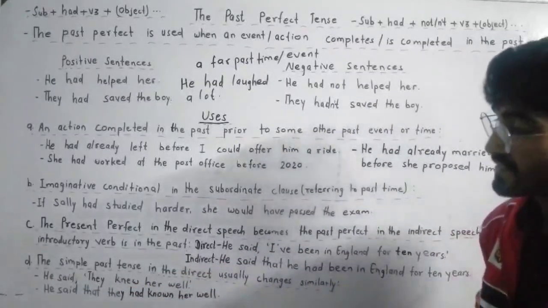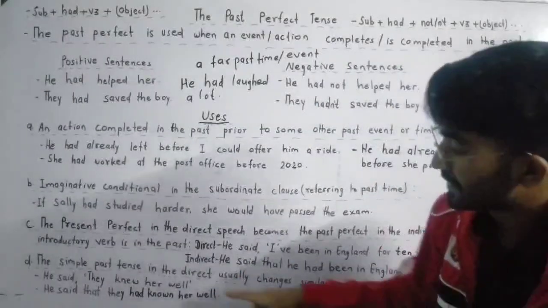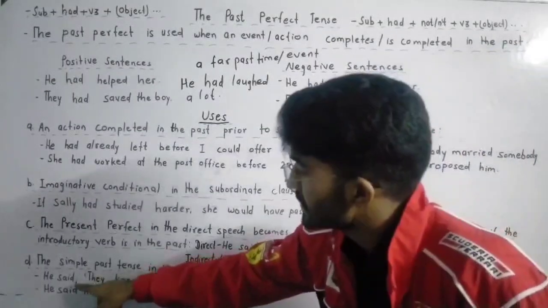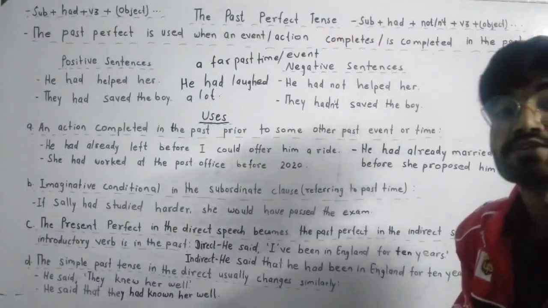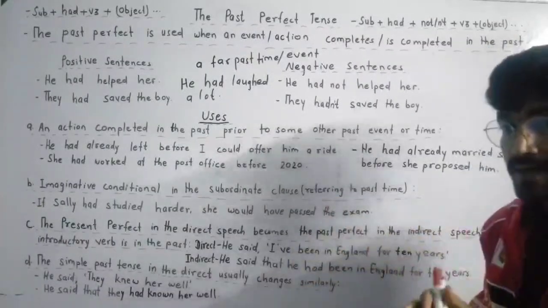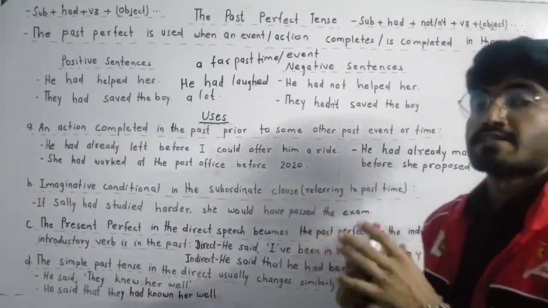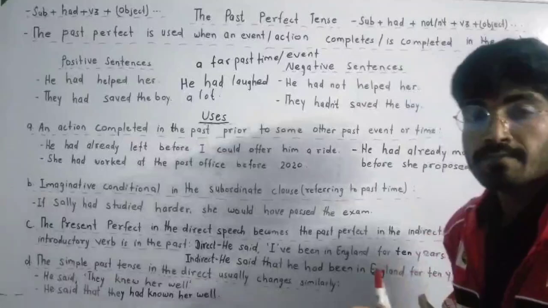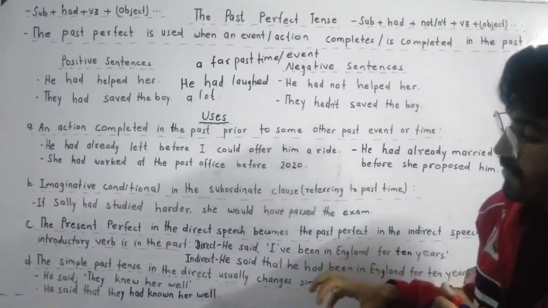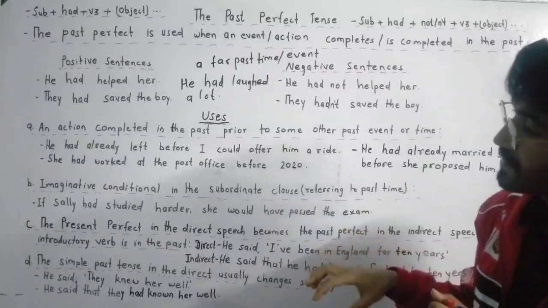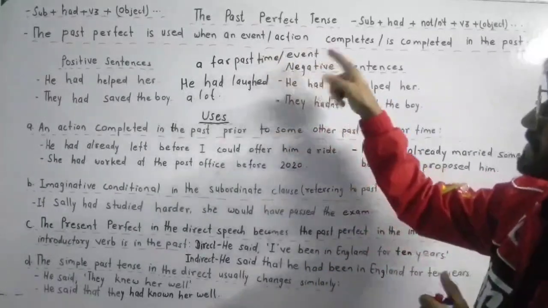While changing direct speech sentences into indirect speech sentences, we omit commas and inverted commas. And this is how we can use the past perfect tense.